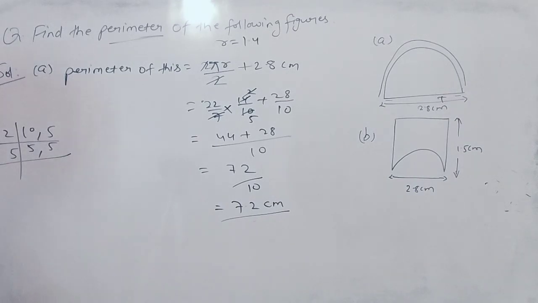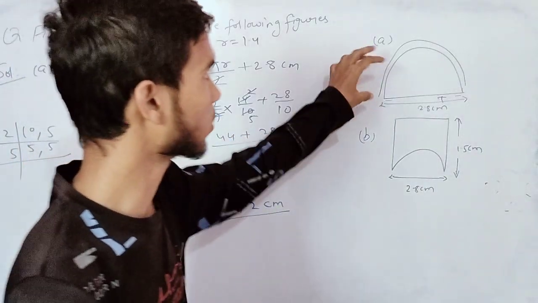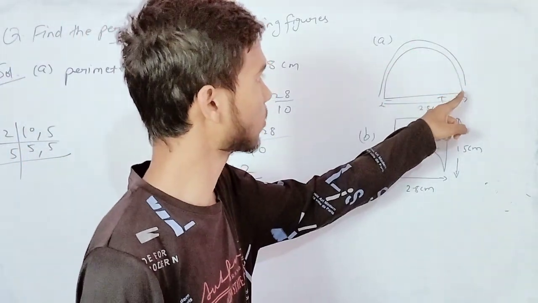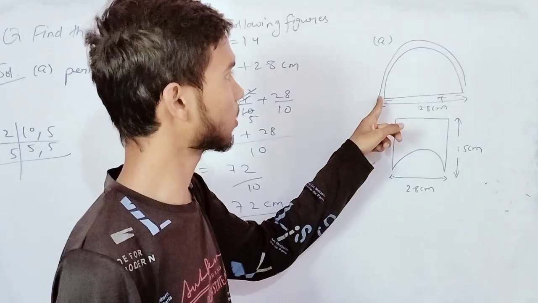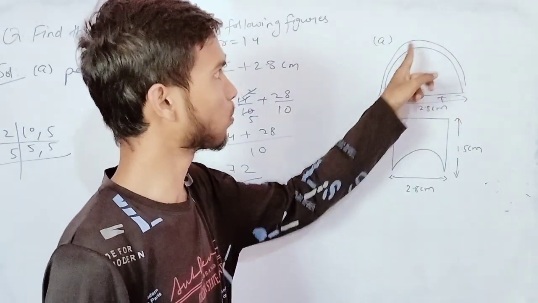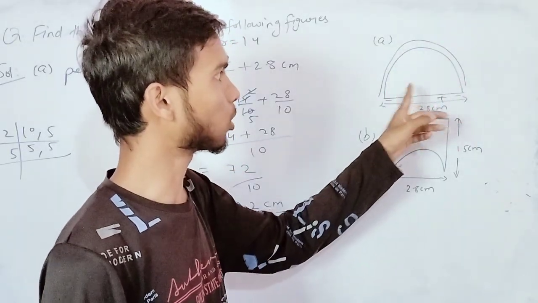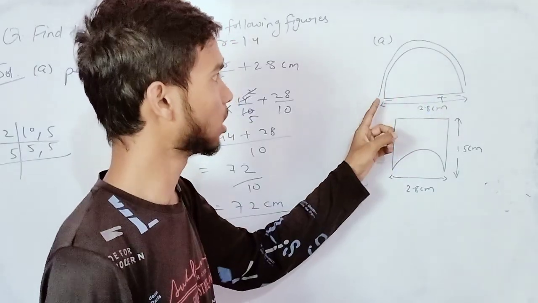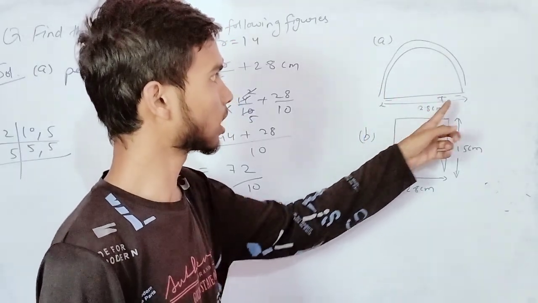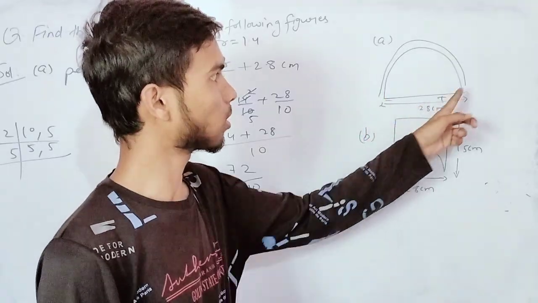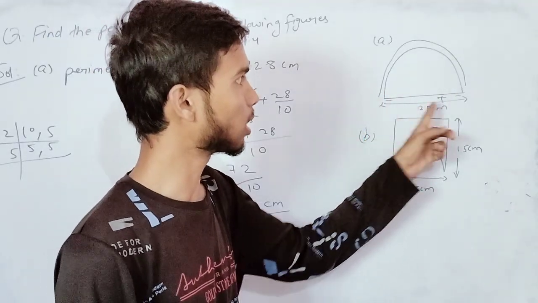So here we did what? To find the perimeter of this curve and this, we know that perimeter of this would be 2 pi r upon 2 because we have a half circle. And now we have to take this also, because we have to find the perimeter of this.